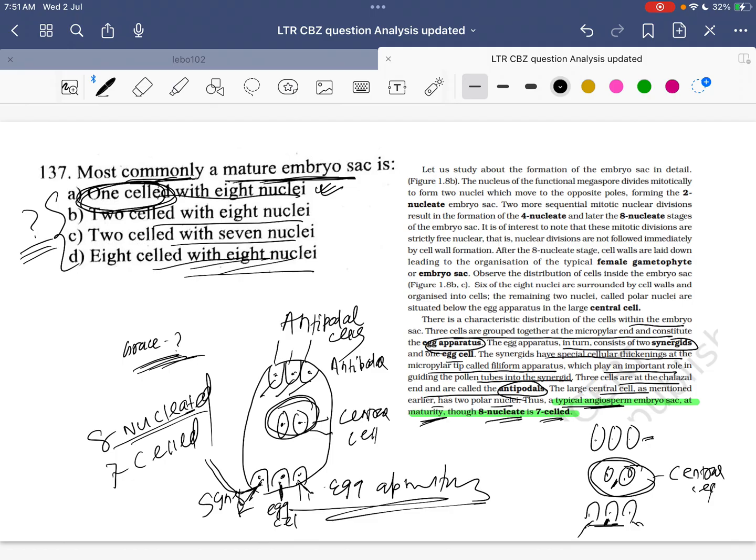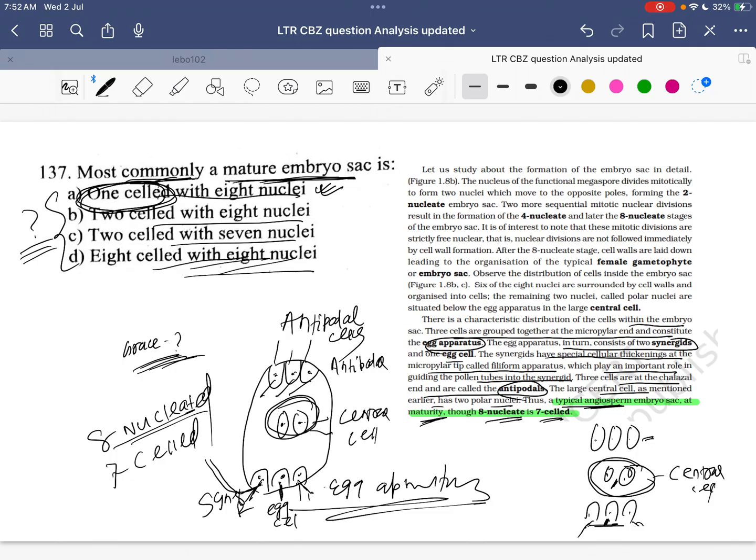Somewhere is written any other thing. I have given references of many things in one of the Telegram groups, the reference of IGNOU, NCERT and bureaus as well.